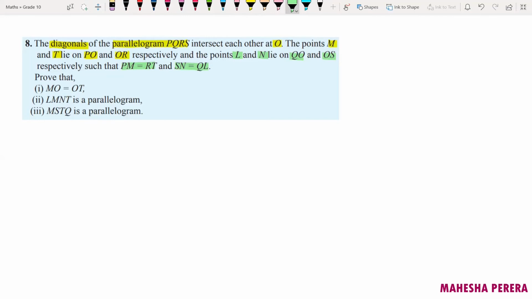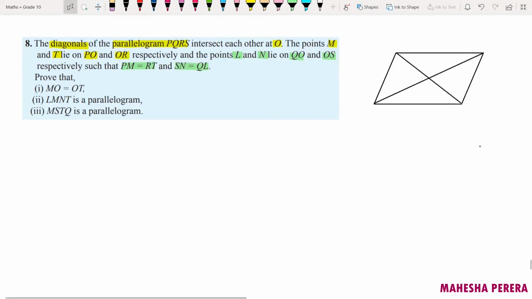Now, first of all, we need to draw the figure. Okay, let's draw a parallelogram first of all. Now we need to draw the diagonals. Now let's label it as P, Q, R, S. Here is our O, where the diagonals intersect each other.